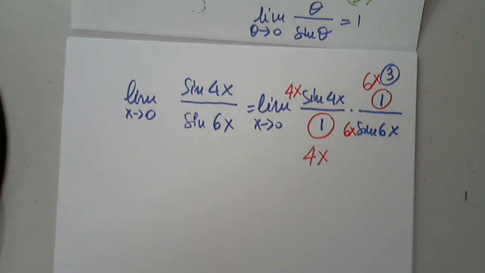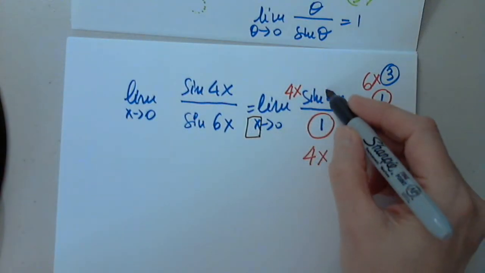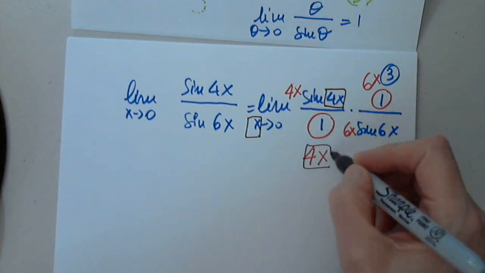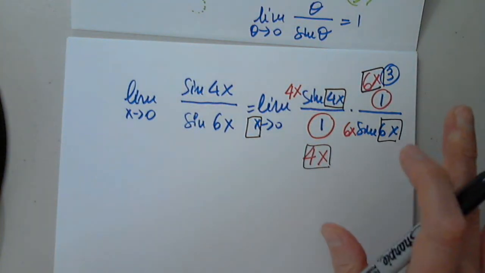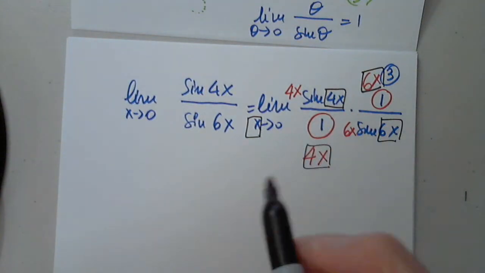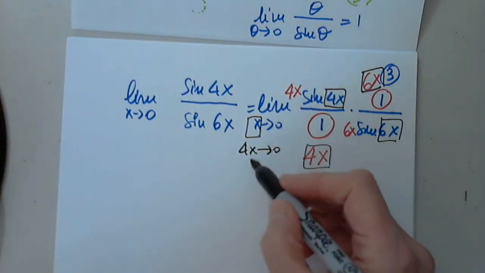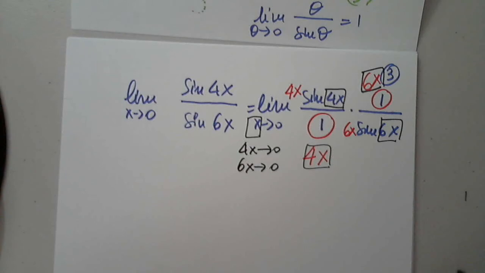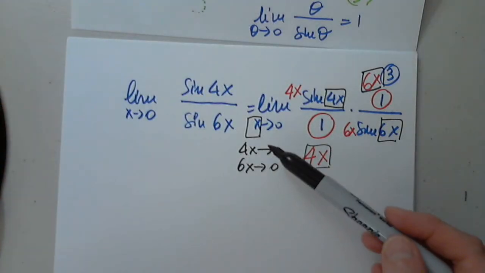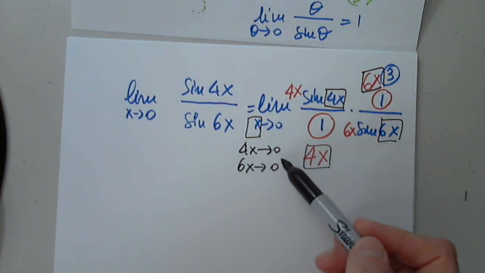And then you can say, but wait a minute, because your box is not the same. It's not. However, when x approaches 0, 4x approaches 0. When x approaches 0, 6x approaches 0. So although I can replace this by this, it's the same thing.